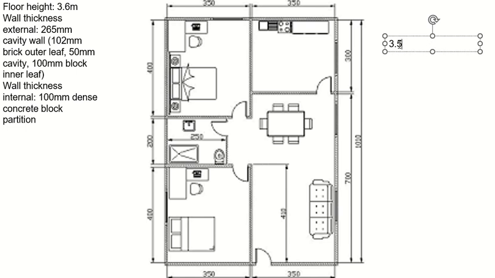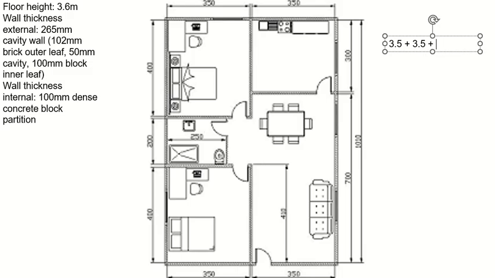Okay, so 3.5 plus 3.5 plus what? Thickness of the internal wall, right? Because they are internal, so let us keep them internal. The thickness of the internal wall is given here, 100 millimeters.